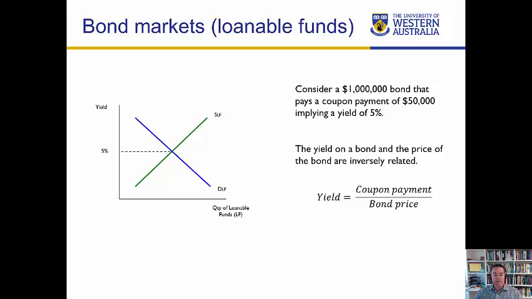Now, these bonds very often trade in secondary markets, and just like any financial asset, bond prices can go up or down. So if you buy your $1 million bond and then decide to sell it and the demand for bonds at that time is very high, then the market will pay you more than $1 million for your bond, that is, another investor will buy your bond from you for, say, more than $1 million.